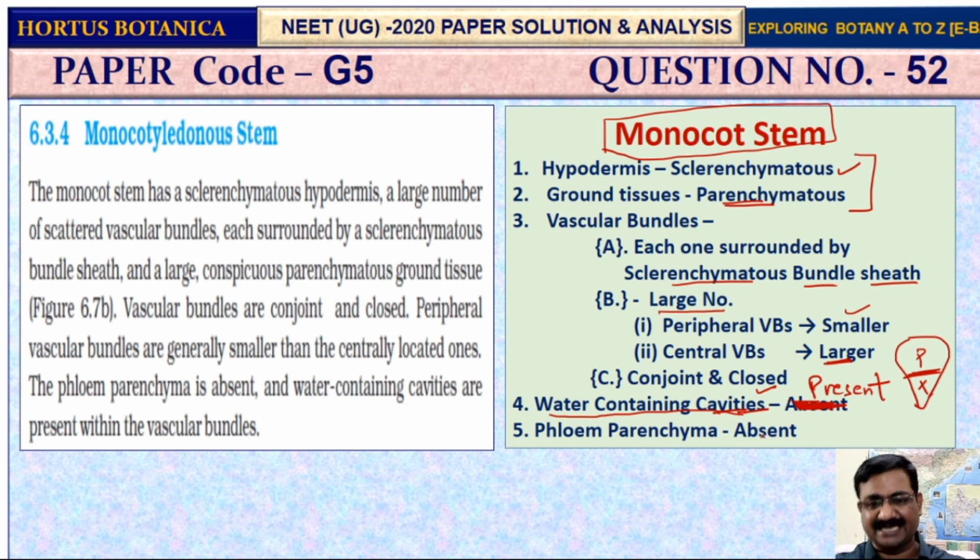And phloem parenchyma is absent. So what is present is the water containing cavity formed by lysigenous intercellular space. This is not present in dicot stem. Phloem parenchyma is present in dicot stem but absent in monocot stem. So these are the main key points of your monocot stem.